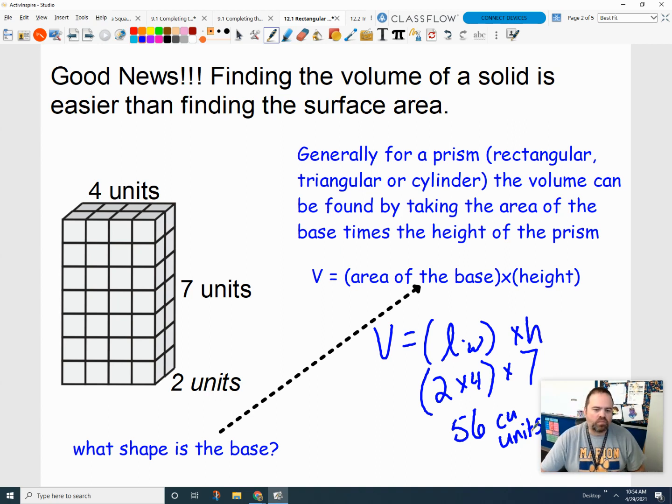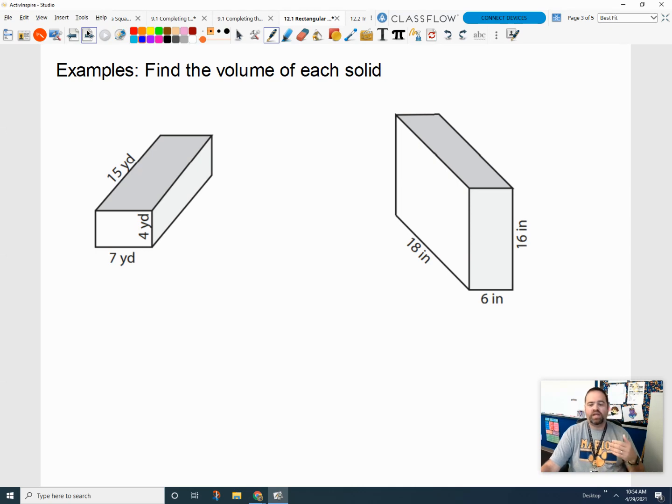Okay, so these are all pretty similar. We're going to find the area of that bottom shape and then multiply by how tall it is. This one here has a base of 7 by 15, and then it has a height of 4. So grab your handy calculator: 7 by 15, and then times 4.